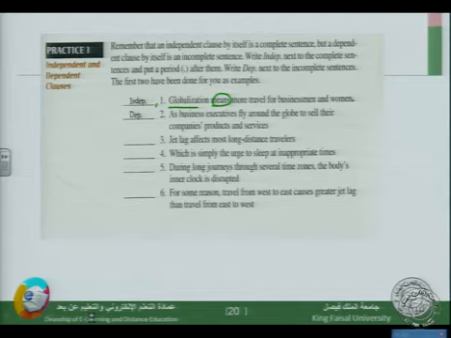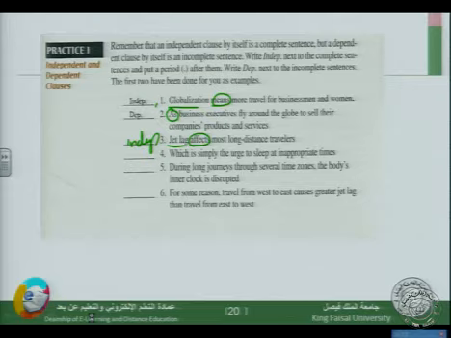Number two, as business executives fly around the globe to sell their companies' products and services. This one is dependent because it starts with a subordinator, so it is an incomplete sentence. Number three, jet lag affects most long distance travelers. Jet lag affects: subject, verb. This is independent.